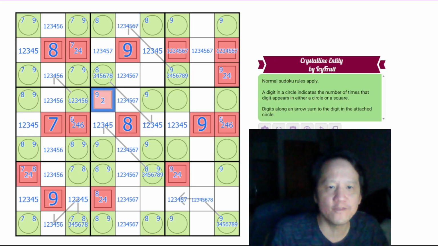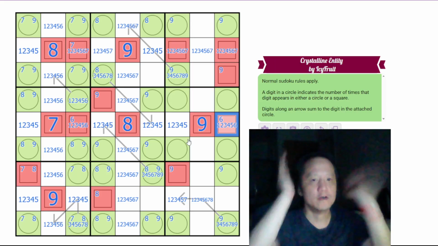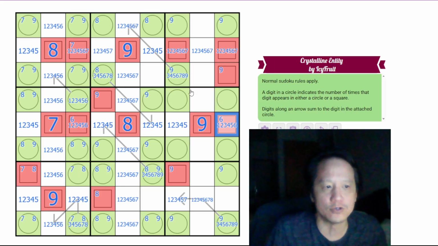So say we had any 2 digits not in the circle. Where can they be in columns 2, 5, and 8?